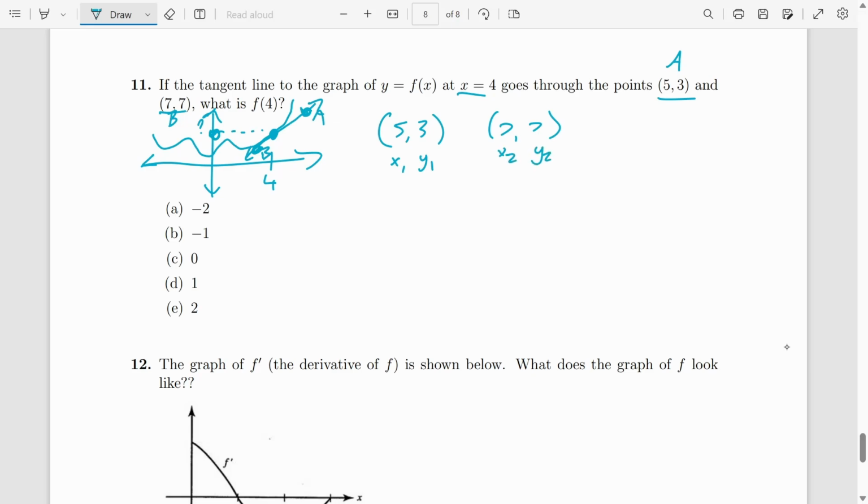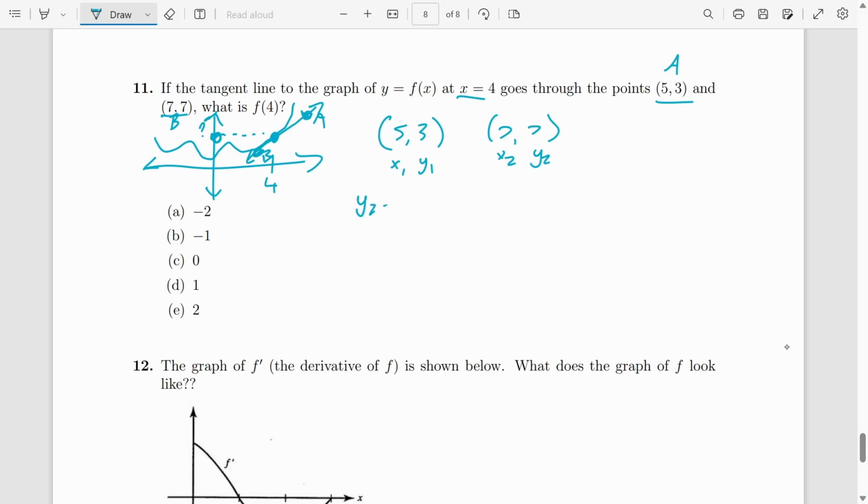We use y2 minus y1 over x2 minus x1. That'll be our slope. So this is 7 minus 3 over 7 minus 5, which equals 4 over 2, which is 2. Cool, so now we have our slope.